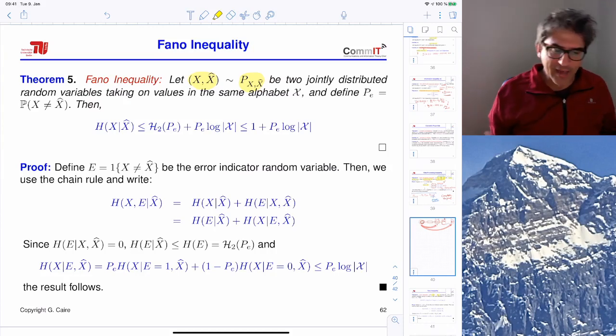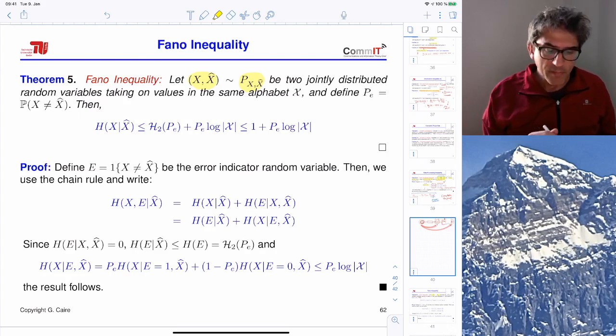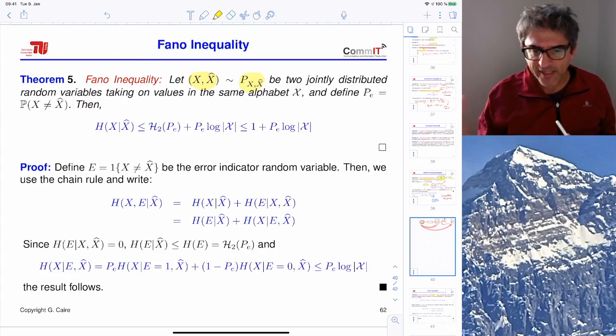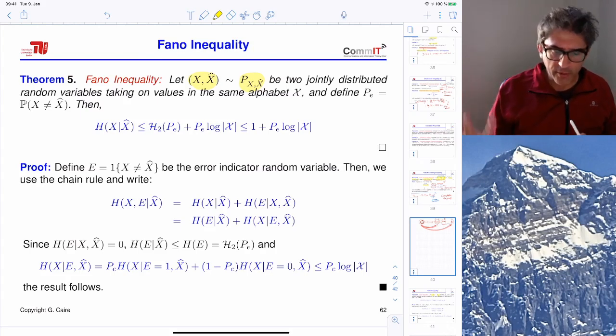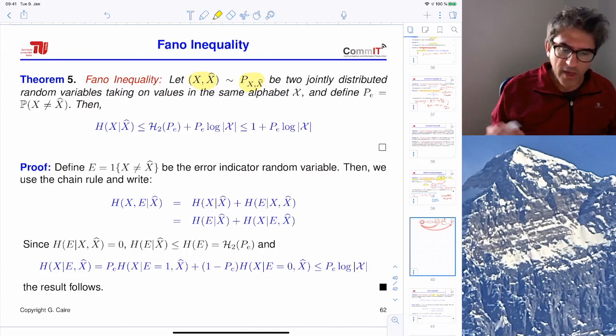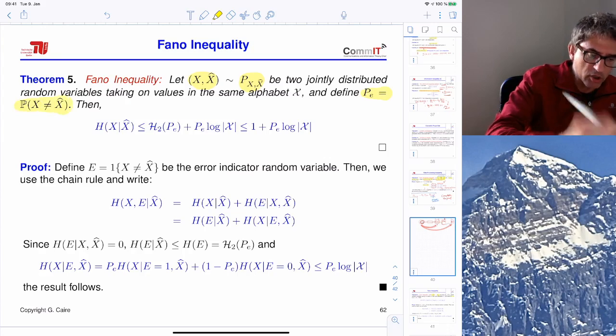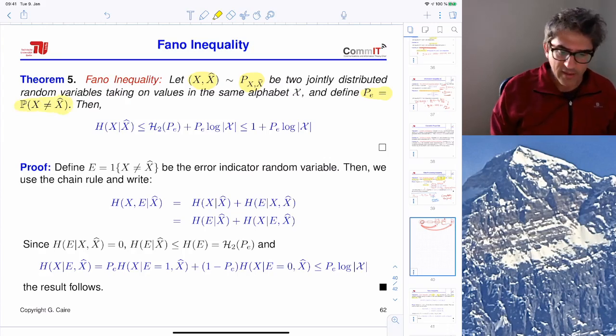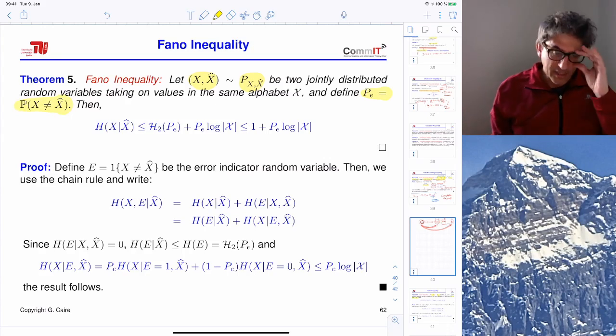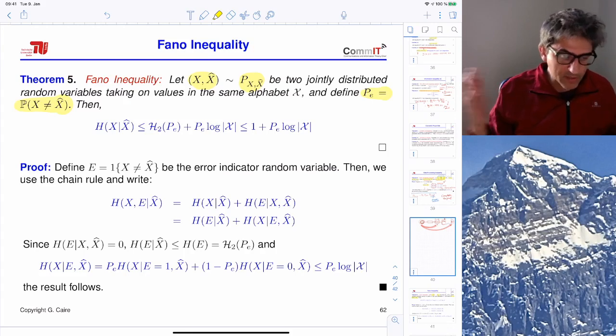So imagine that x and x hat take on values on the same alphabet, and x hat is the output of a detector, of a decision-making algorithm. We define the probability of error as the probability that the algorithm does wrong, so that x is different from x hat. X hat is the answer, x is what we want to guess. When they are different, it's an error. The probability of x different from x hat is the probability of error.